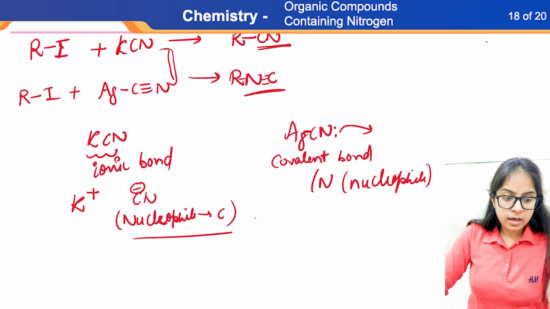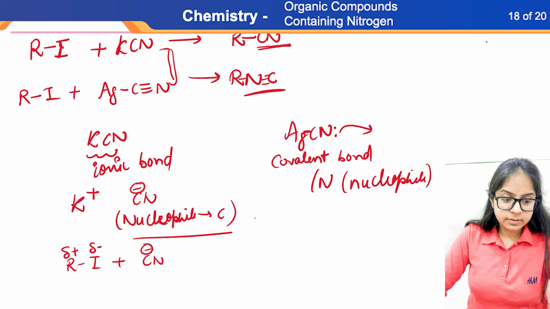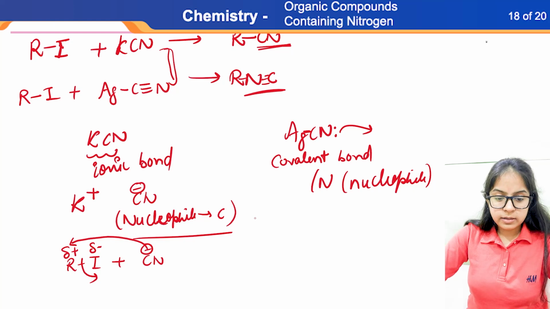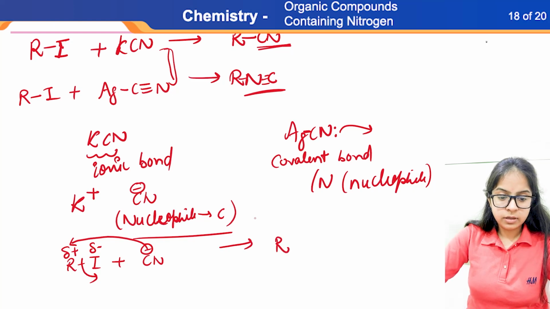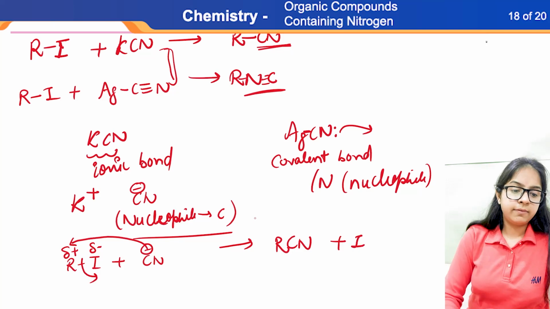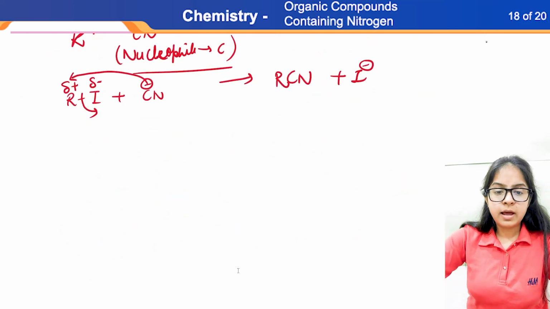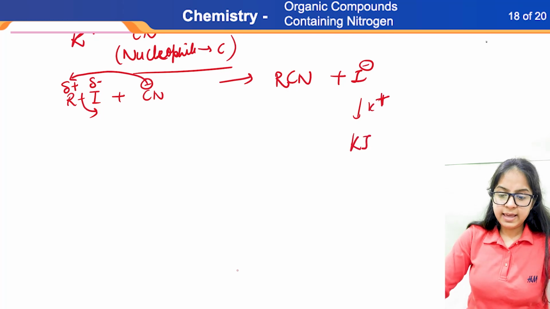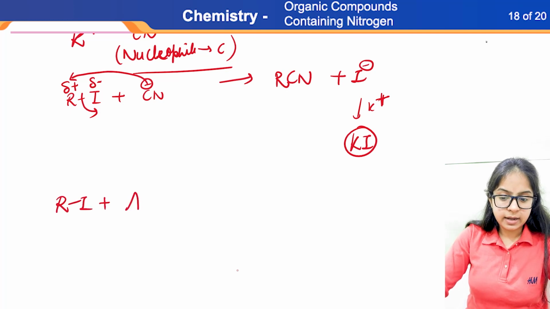So here carbon is going to attack. Now how? RI and CN negative: R will have delta positive, I will have delta negative. C negative is going to attack on this, but carbon cannot have more than 4 bonds, so I needs to get dissociated: RCN and I negative. The I negative will combine with the K positive, and you will get KI. Next one is RI plus AgCN, and your nitrogen has a lone pair.